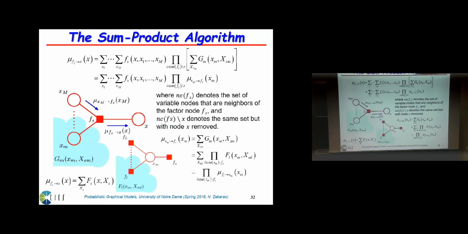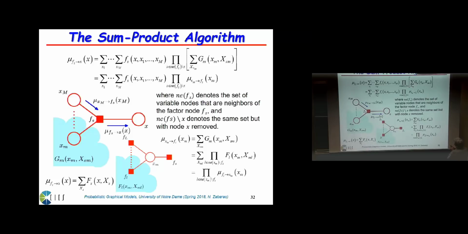So effectively, if you're interested in computing the message from this factor to the node x, in that expression you have to integrate out the variables x1, xm, because this is what I have. But also you have to integrate out all the variables affiliated with each of these subtrees, where I should have put an S there.